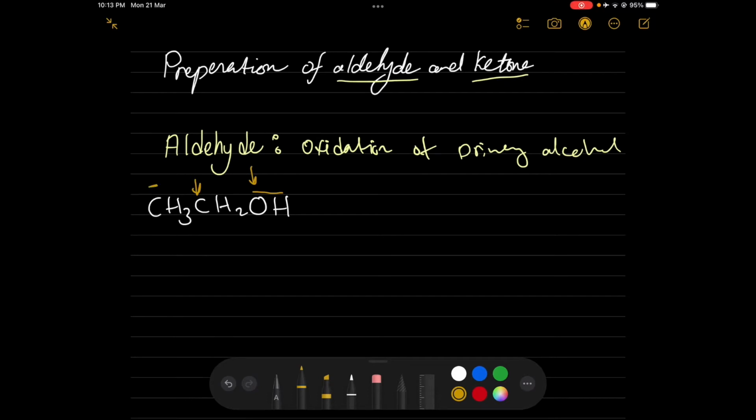We're going to oxidize the primary alcohol by adding acidified KMnO4, which is called potassium manganate, or acidified K2Cr2O7, which is called potassium dichromate.